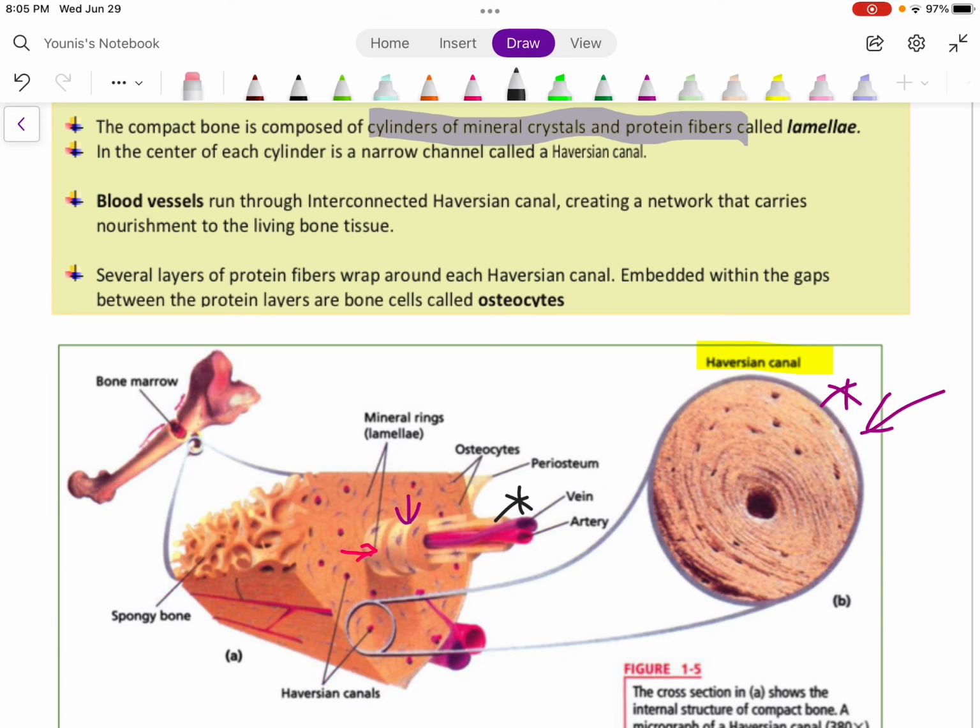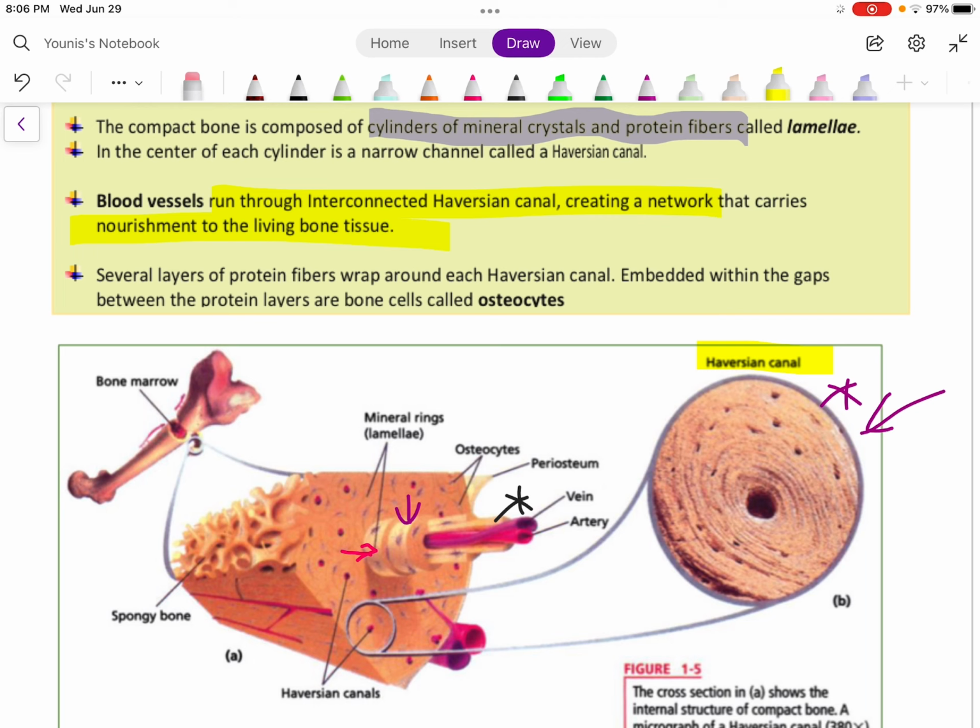So we already mentioned the blood vessels, as in the ones that are found in the periosteum. They supply the bone tissues with nutrients, oxygen, and they remove CO2 and other metabolic wastes. So the role is mentioned clearly in this part of the text.